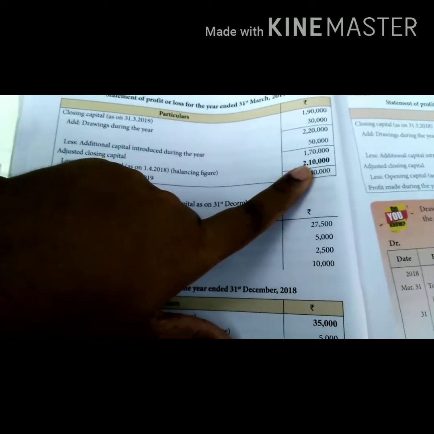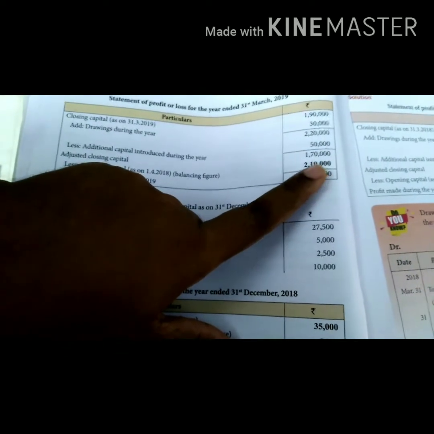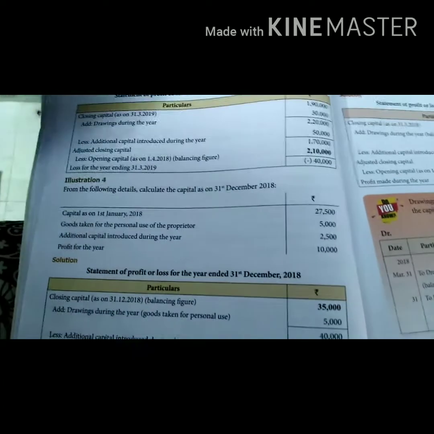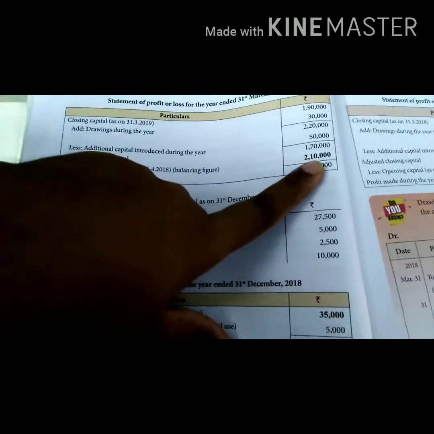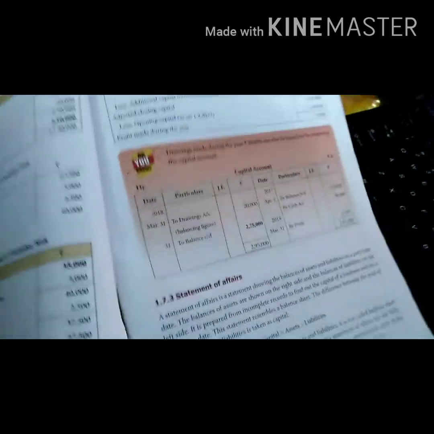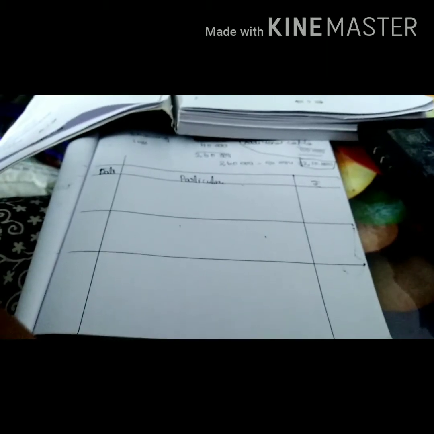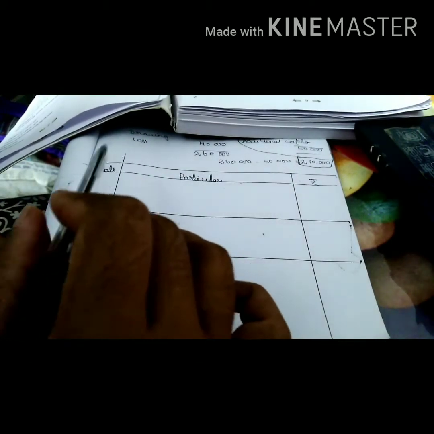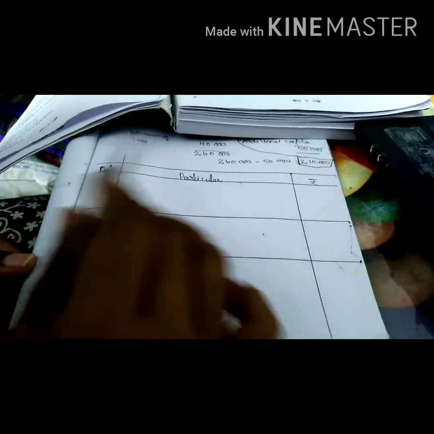So now we have to fill in the statement of profit or loss. After finding the missing information, you have to fill in the format like this. I don't have a ledger book, so I have to use an unruled note.